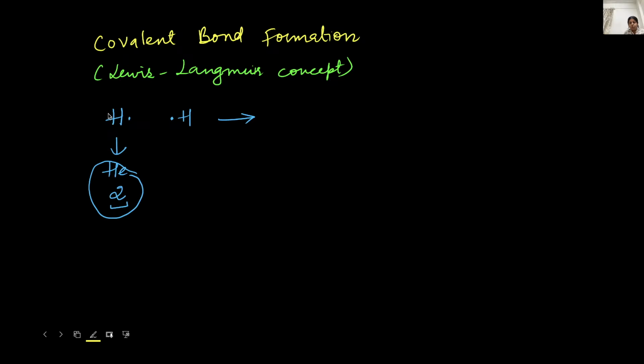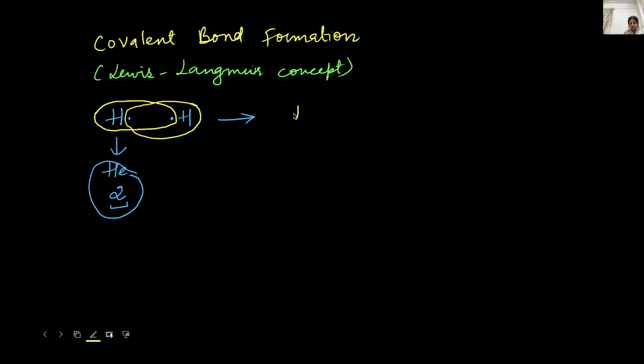It cannot lose one electron, it cannot gain one electron, but it can share its one electron with another hydrogen atom, and this mutual sharing of electrons between two atoms is called covalent bond formation, isn't it?